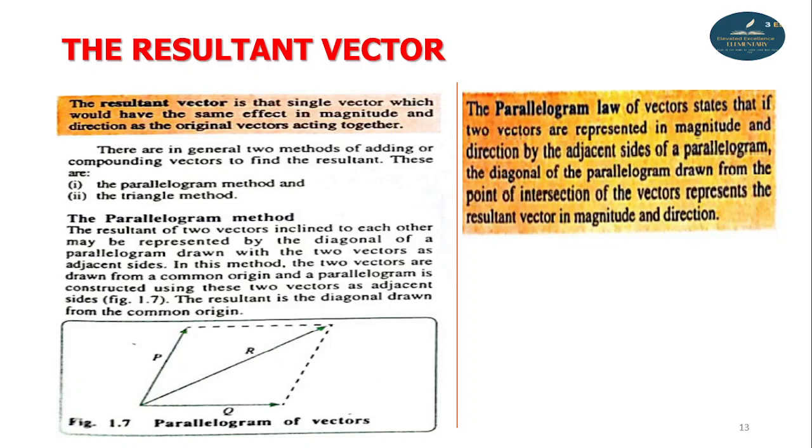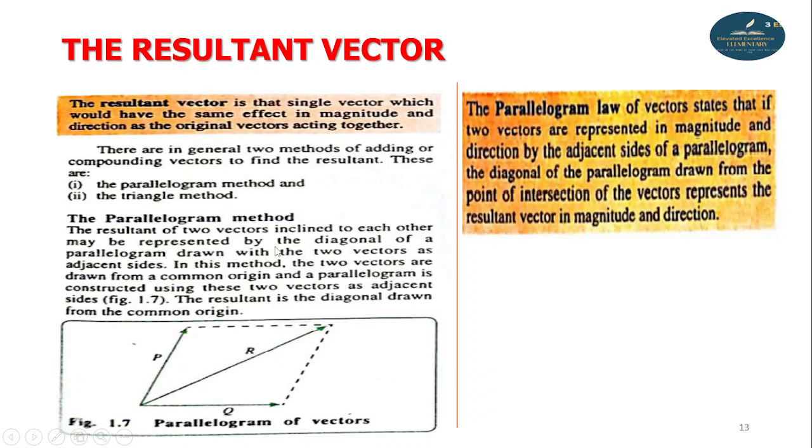We are now going to learn how to get the resultants of vectors that are inclined at an angle not equal to 90 degrees. That means they could be acute or obtuse and so on. In general there are two methods of adding or compounding vectors to find the resultant: the parallelogram method and the triangle method.